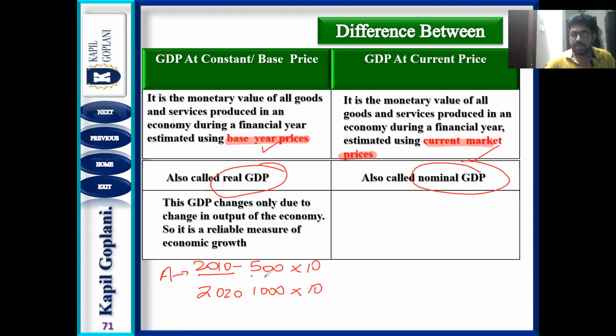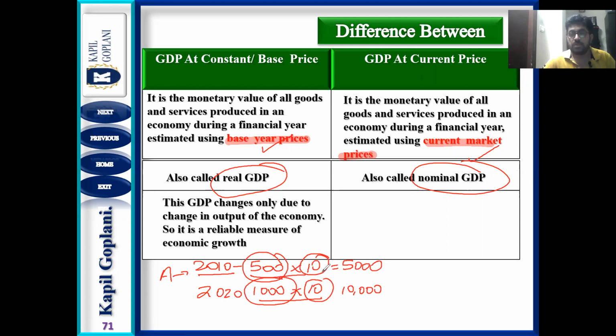In both the cases, whatever GDP I'm getting is a real GDP because I have considered the base year price. Here 500 into 10 will give me 5000, and there 1000 into 10 will give me 10,000. So overall you can see, if your GDP is increasing, the reason is only and only that your output is increasing. That is, if your output is increasing, then only your GDP will increase. Your price is constant.